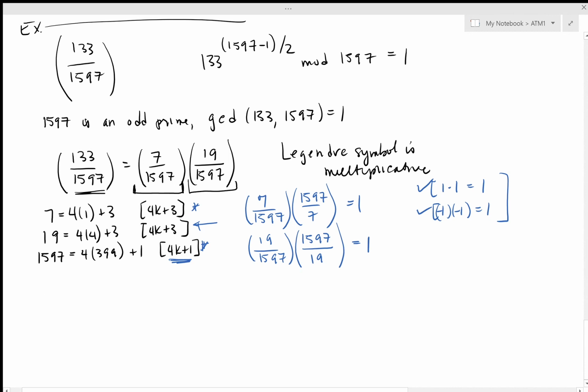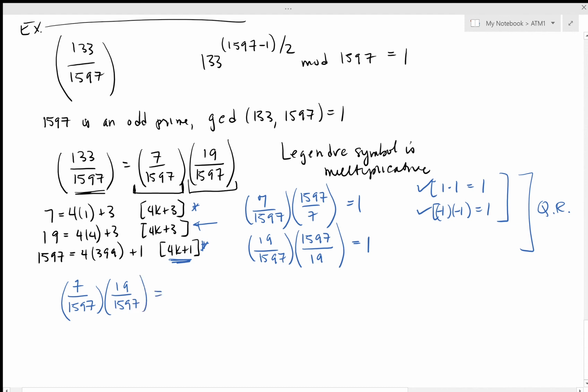So now, first step, I use the fact that the Legendre symbol is multiplicative. Second step, I'm using quadratic reciprocity. Now I'm going to rewrite my problem, which is this Legendre symbol times this Legendre symbol.